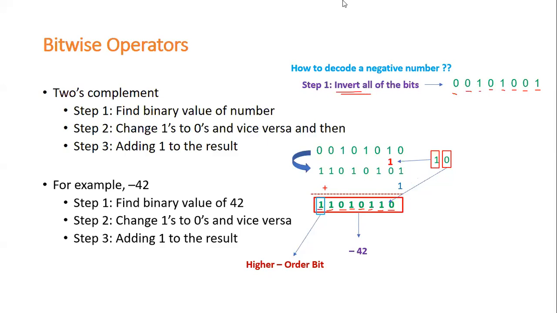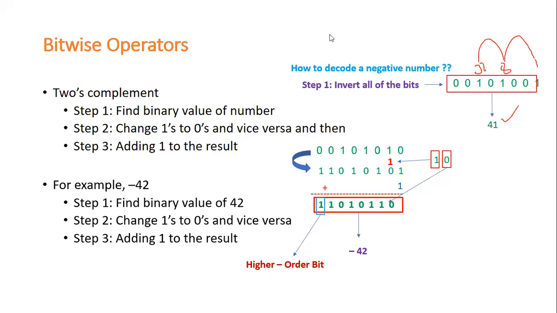After inverting all the bits, I get a value called 41. How will you get 41? Here 1 means 1, 2, 4, 8, 16, 32. This one is 32. 32 plus 8 is 40. 40 plus 1 is 41. So therefore, I got 41.